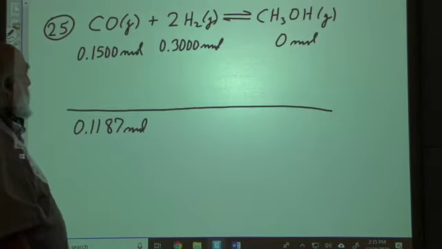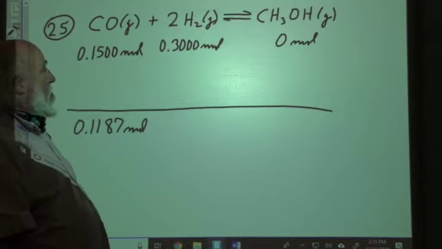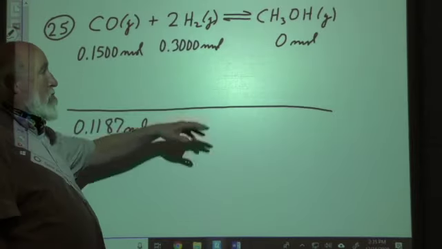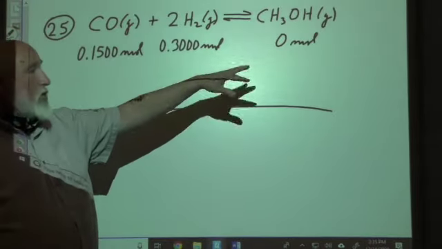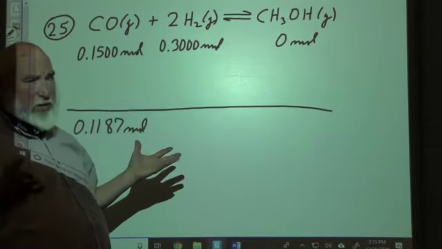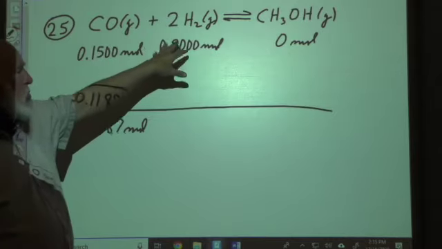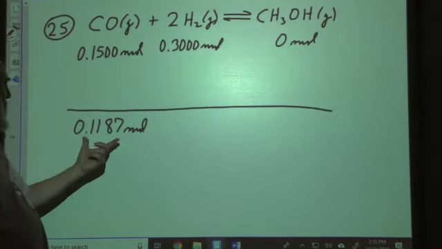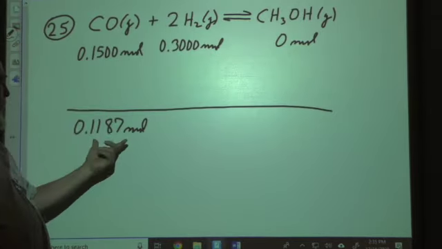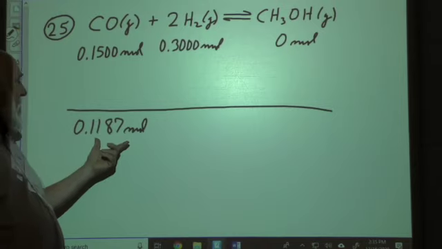Number 25. We have a synthesis of methanol, although it's gaseous instead of liquid, so this is obviously a high temperature reaction. Well, we start with these two reactants, and you see that we start with 0.1500 here, and we ended up with 0.1187.